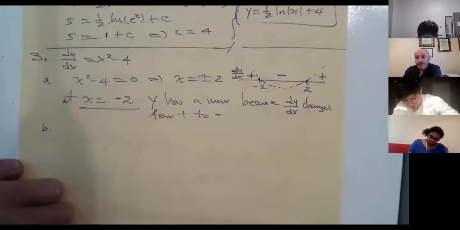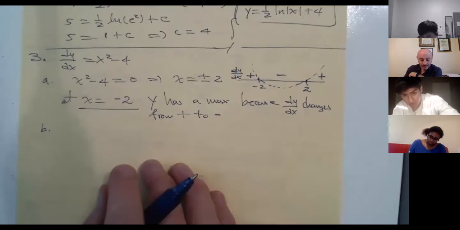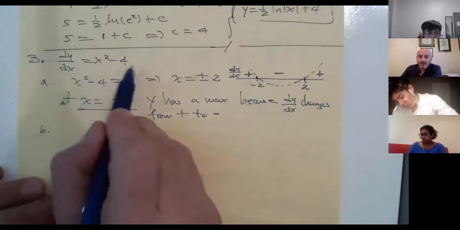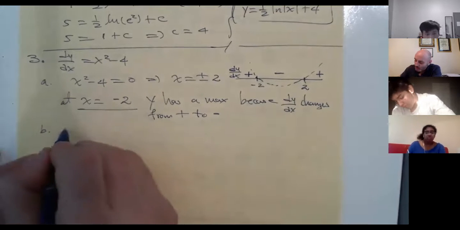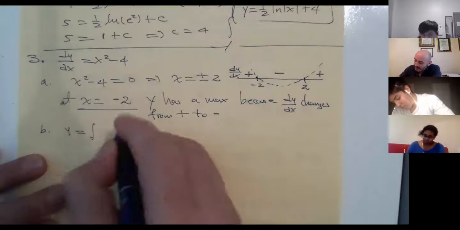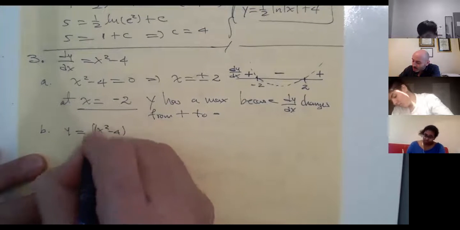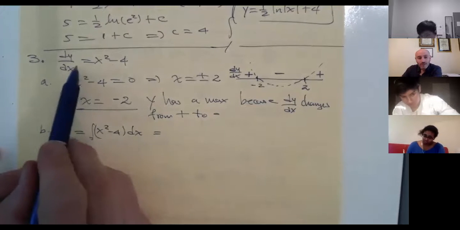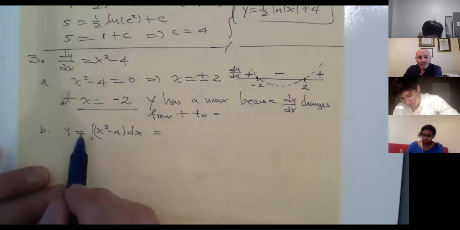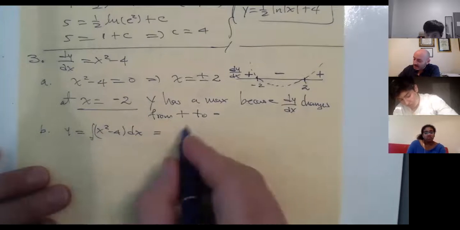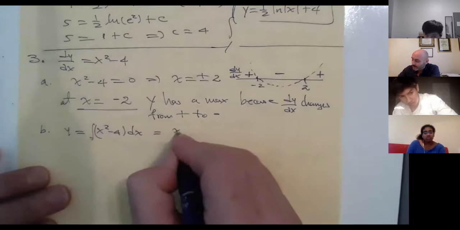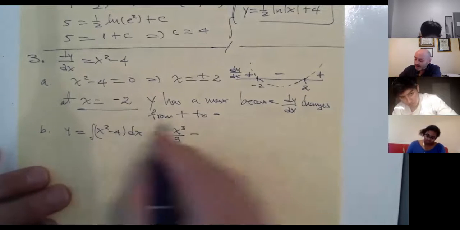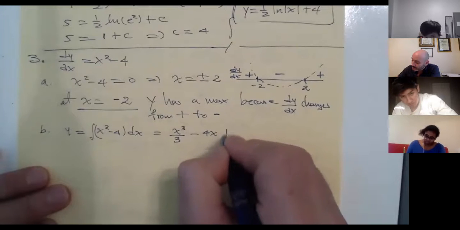Part B says find the y coordinate, which means we need to solve this, okay? So y is going to be the integral of x squared minus 4 dx, right? Separating the variables and integrating on both sides. The antiderivative of x squared is x cubed over 3. The antiderivative of 4 is 4x, plus c.